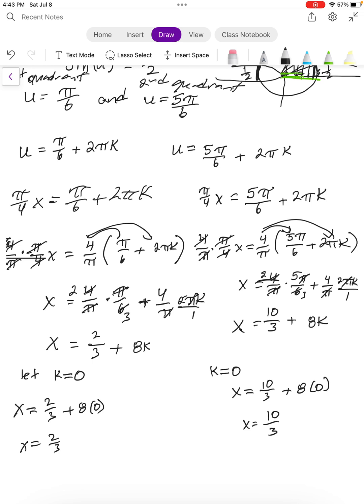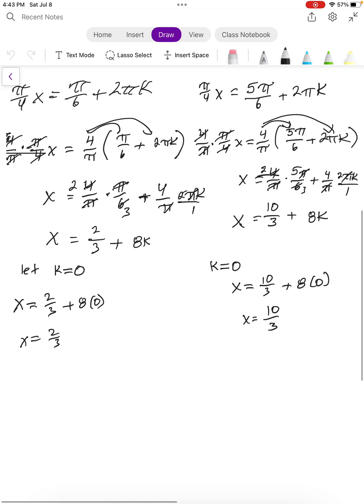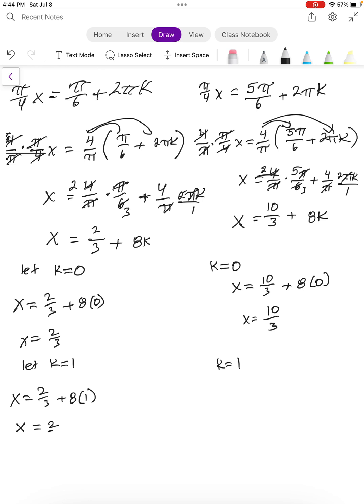So those are our first solutions. Next, we're going to let k equal 1 for both equations. Then I'm going to get 2/3 plus 8, which is 8 2/3. If we try to turn it into a decimal, it's not going to be an exact answer, so it needs to be written as a fraction.